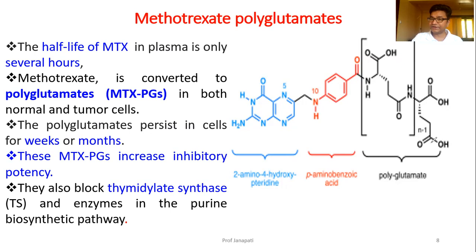If many are added, it is called methotrexate polyglutamate. The beauty of methotrexate polyglutamate is that it is long acting. It can stay in our blood from weeks to months, whereas methotrexate's half-life is very, very small.